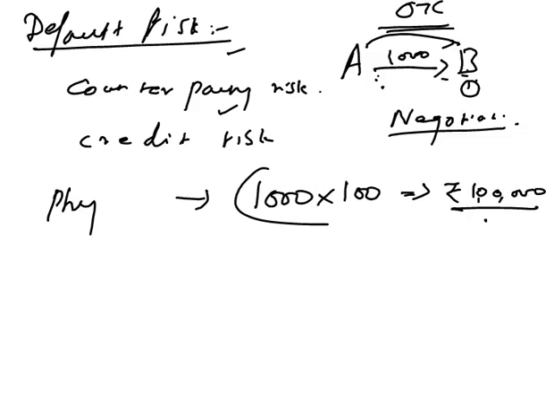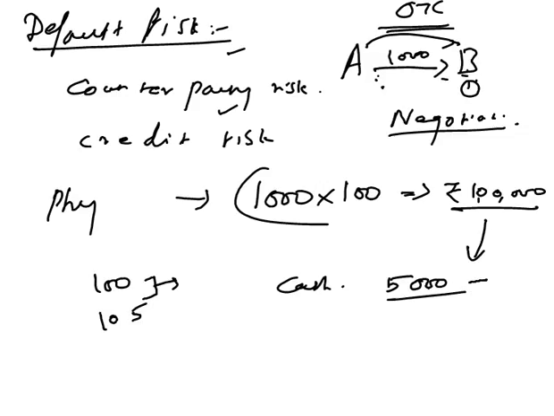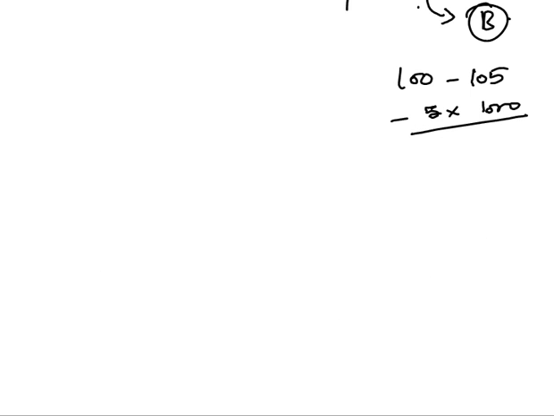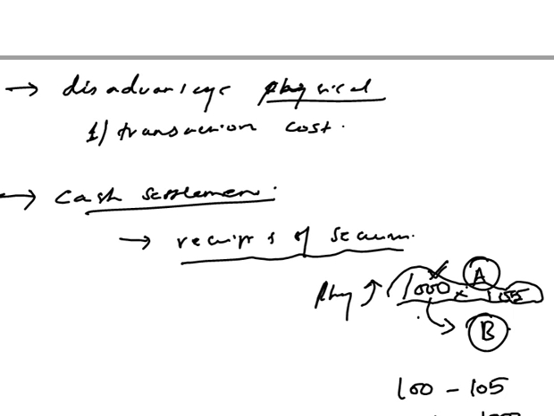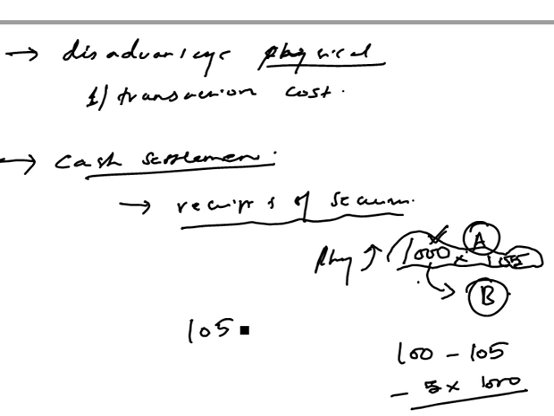This is avoided in the case of cash settlement, which we also saw, wherein I need to have only the difference in the price. So in case the 100 rupee share has become 105, the person who has the short position should have only 5,000 in his pocket to pay to B. On the other hand, in physical settlement he should have 1 lakh 5,000 in his pocket.